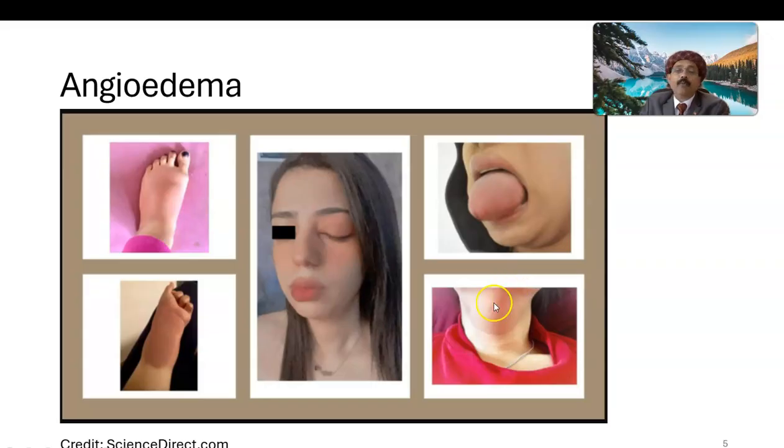It may need tracheostomy. Otherwise, there will be respiratory obstruction and death. The lip is very much swollen. There may be edematous elevation on the forearm, on the foot. So these are the features of angioedema. It may obstruct the respiratory passage.